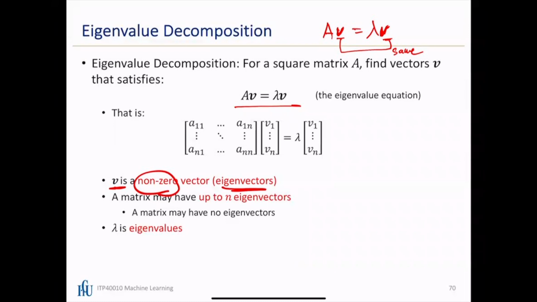If you have an n by n matrix, you can have up to n eigenvectors, but there are some matrices that have no eigenvector. In terms of notation, lambda is the eigenvalue. A is given, and given A, we want to find B and lambda.